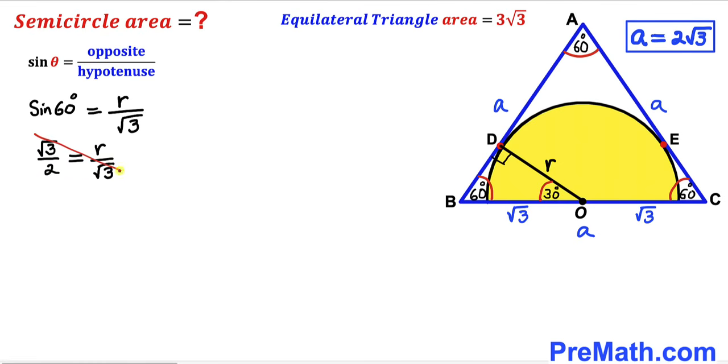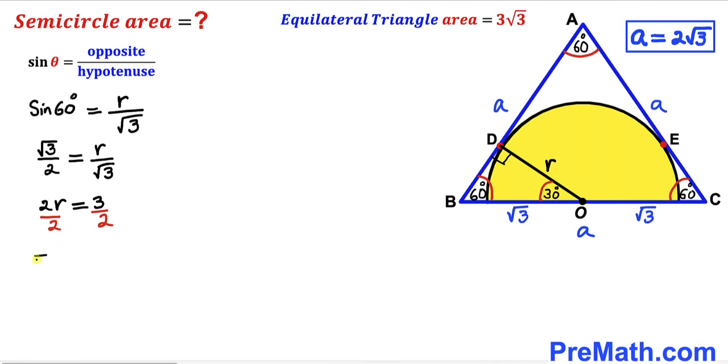And now I am going to cross multiply. So therefore we can write this one as 2 times our radius lowercase r equals square root of 3 times square root of 3, which simply becomes 3. And now I am going to divide both sides by 2 to isolate radius r.